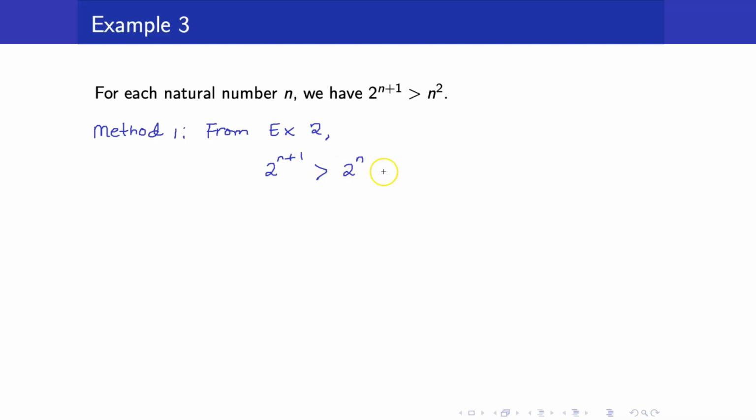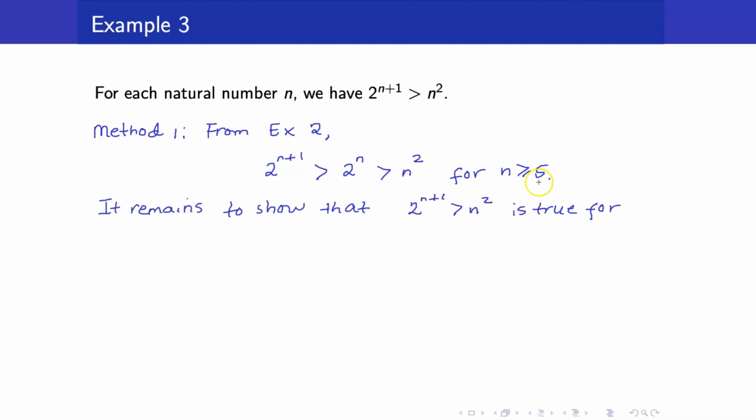And example 2 says that 2 to the n is greater than n squared for n greater than or equal to 5. So therefore, it remains to show that this statement is true for the case n equals 1, 2, 3, and 4. Because example 2 starts with n equal to 5. And this is easy enough to show.